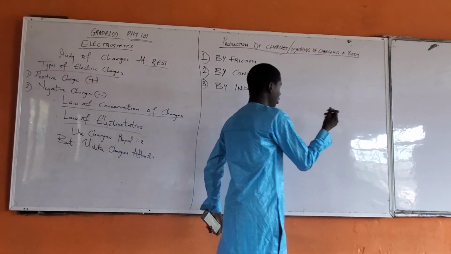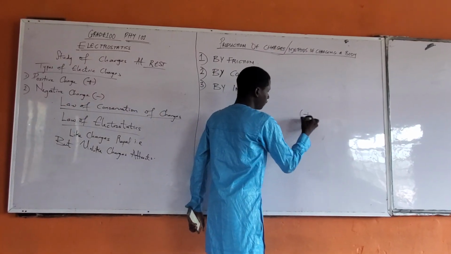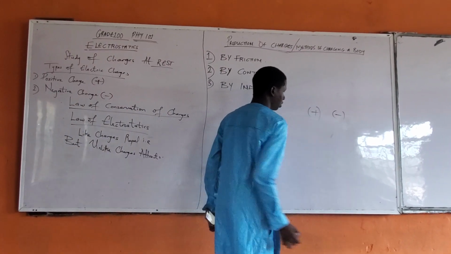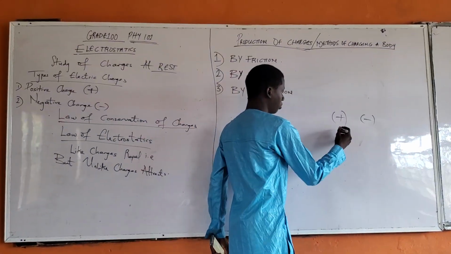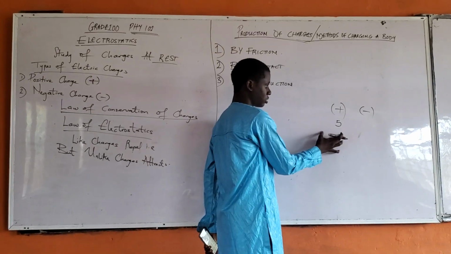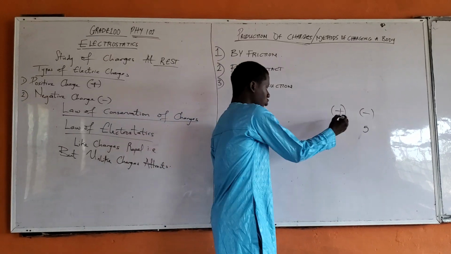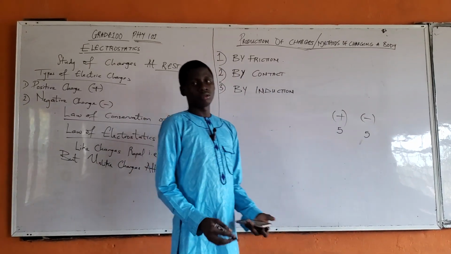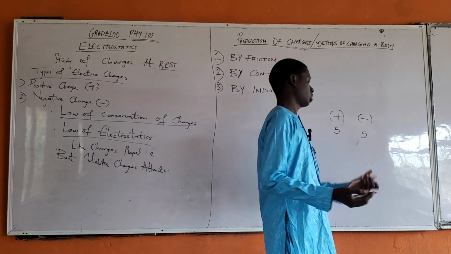When we say it's a neutral body, it has equal positive charge and negative charge. Being neutral doesn't mean it does not have charge. It might have 5 positive charges and 5 negative charges, and they cancel each other, and that's why we say it's a neutral body. Hence, it will not be charged.